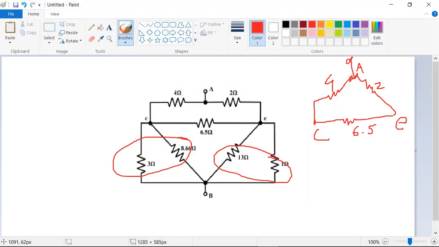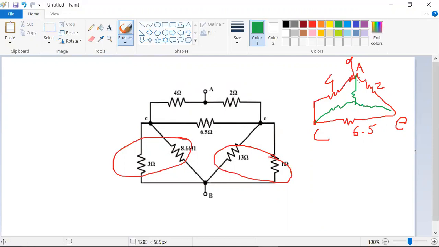From this delta, you can modify into star, right? How can you modify into star? Like this. Hope you are clear. After modifying, this circuit will be eliminated, meaning 6.5, 4 and 2 will be eliminated.